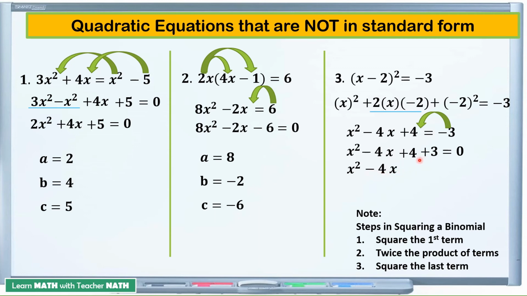Then the similar terms are 4 and 3. So combined, that will be resolved to positive 7. Then copy equal to 0. So we have already our standard form. Now, let's find the value of a, b, and c. So a will be positive 1. B will be negative 4, C is 7.